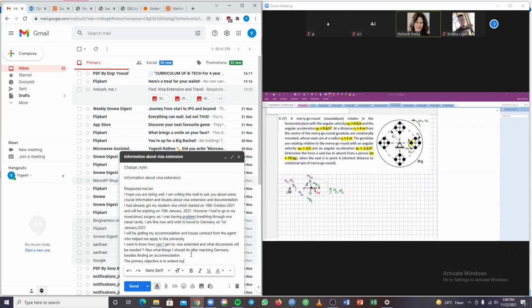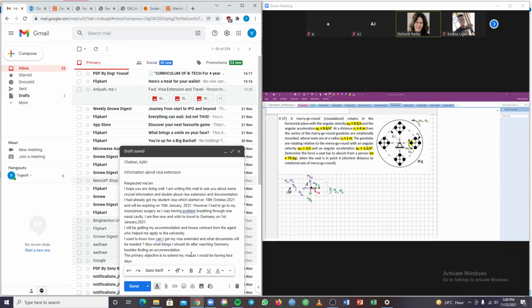As we learned in the procedure in chapter 1, state the accelerations for the leading motion first, then the relative motion, and the Coriolis acceleration. And once we know the accelerations, we can draw the free body diagram for the forces and solve for the forces acting on the seat.